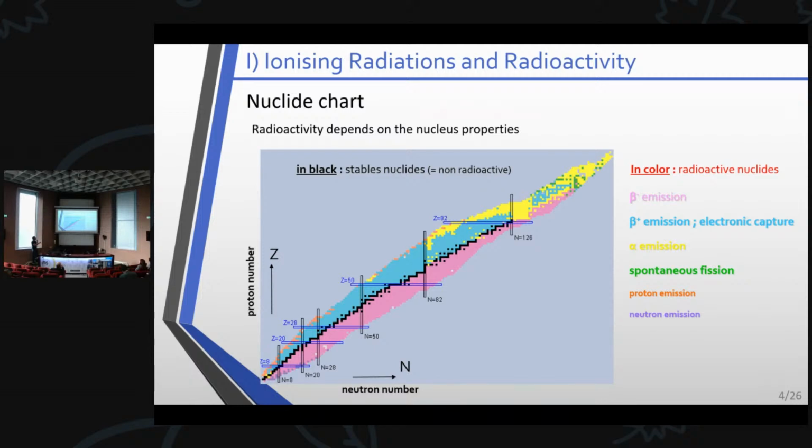So you have a color scheme depending on what type of radioactivity the nucleus will undergo to come back to stability. In nature, only a few of these radioactive nuclei exist. All this big area here and there are produced in artificial processes.